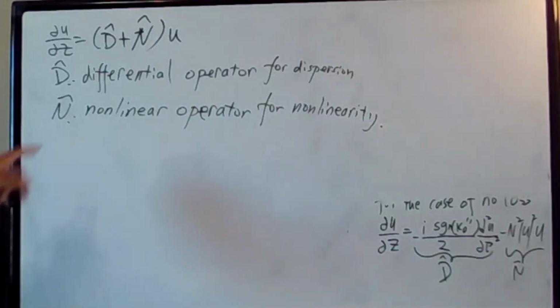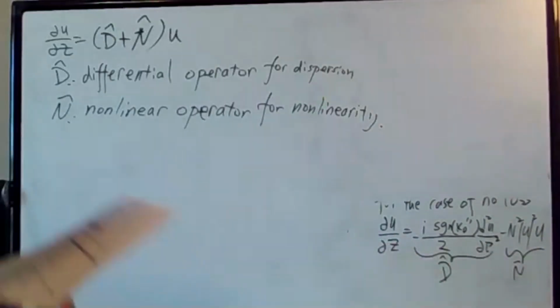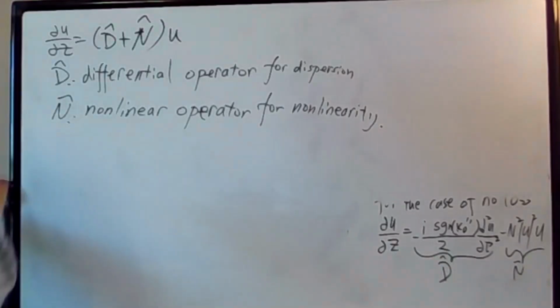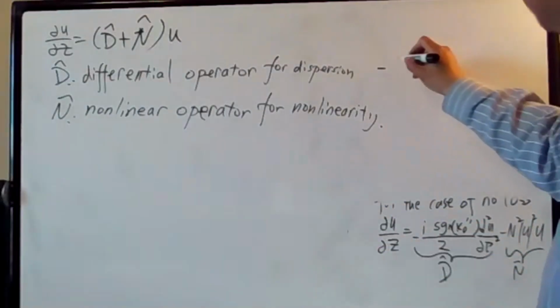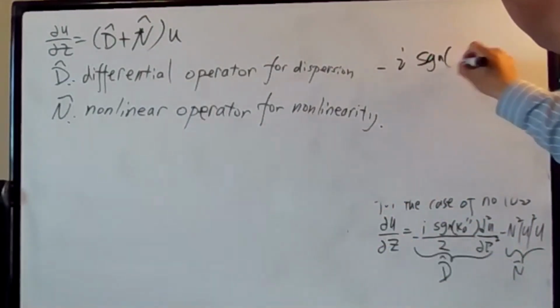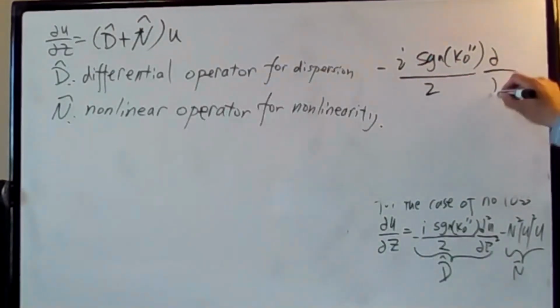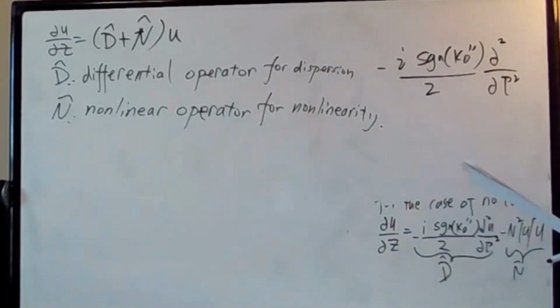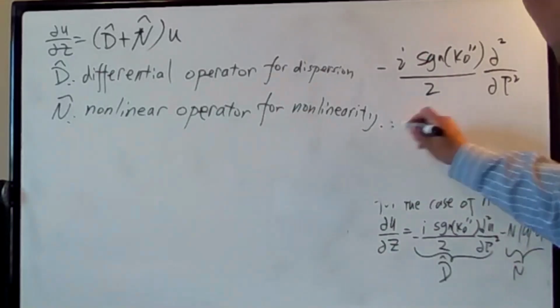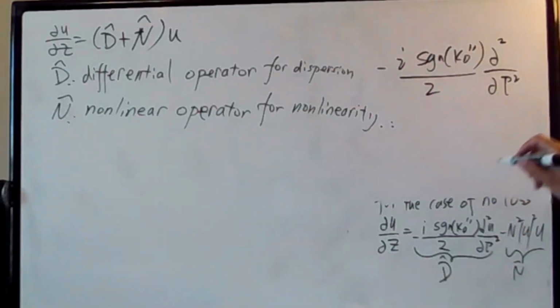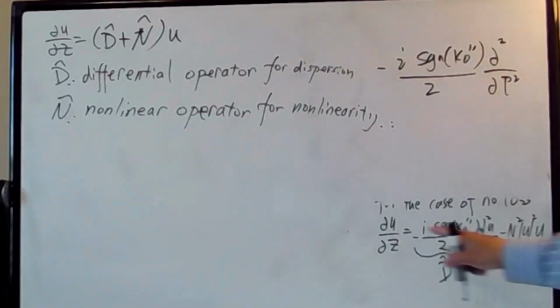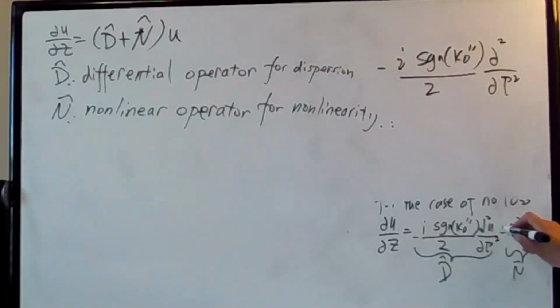So the dispersion operator is negative i sgn, the sign of k naught double prime over 2, times the second derivative in tau. And the nonlinear operator is i... if we move this, it should be positive, there should be an i.